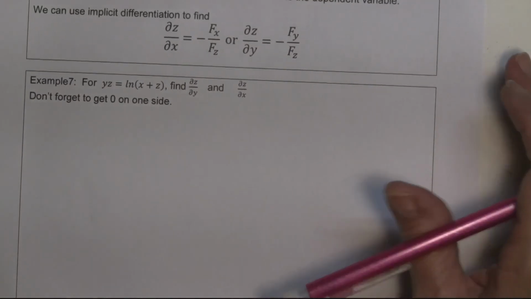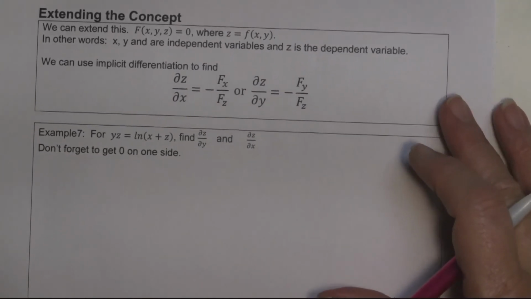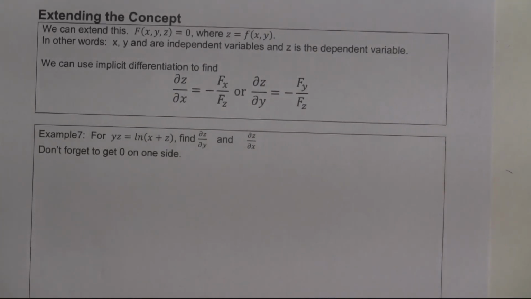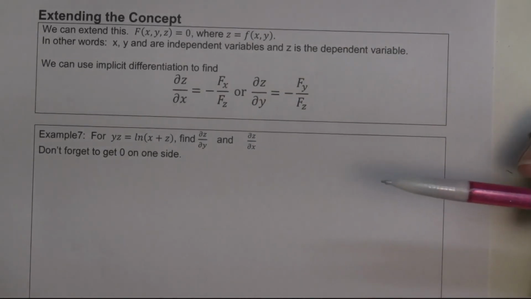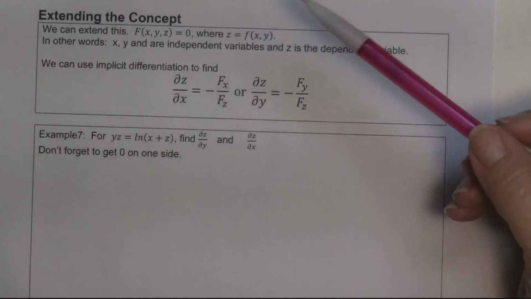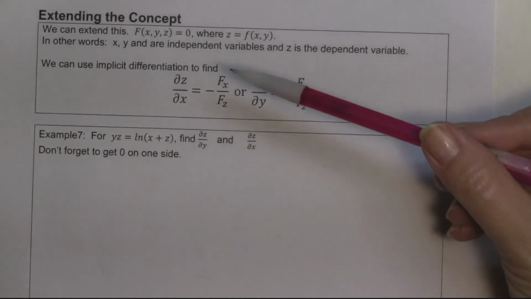So anyway, extending the concept just a little bit for if you have more than two variables running around, I think the book probably proves it. I don't remember if they do or not, or if they just say by extension, this is similar.